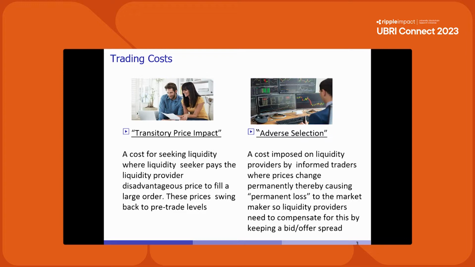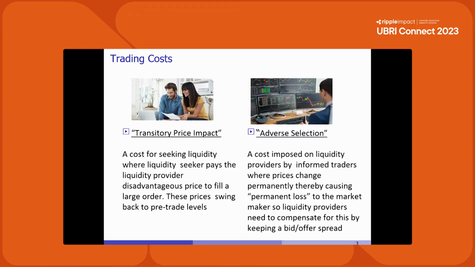That is called adverse selection. The liquidity provider doesn't know that the person trading with them has information, and that is going to last for a while. So the liquidity provider has to anticipate these two types of traders, and keep a provision for that in the bid-offer spread.